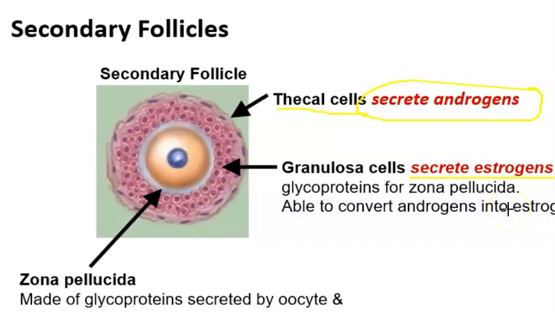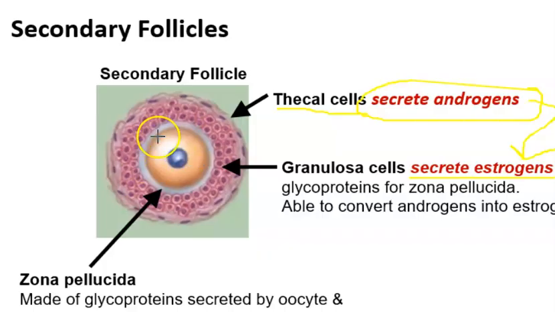And in addition, they make an enzyme that's able to convert testosterone or any other androgen into estrogen, keeping estrogen levels high around that oocyte. And that's going to help promote the oocyte enlargement.